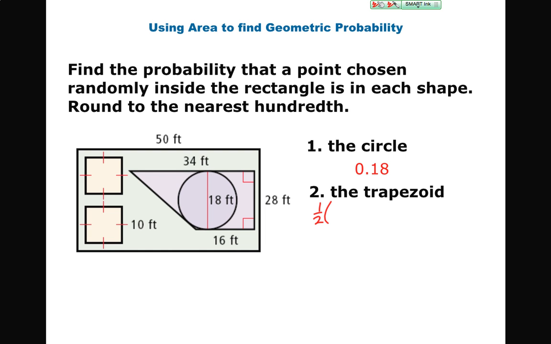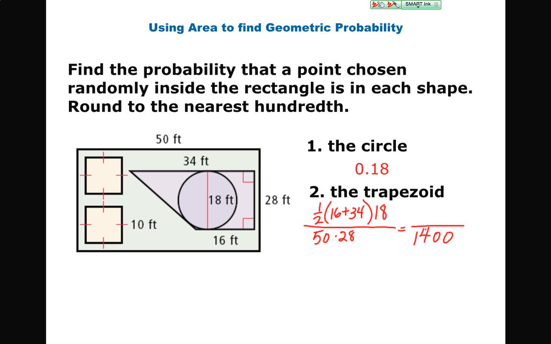The area of a trapezoid is 1/2 base 1 plus base 2 times the height. That's your numerator. Your denominator is still the whole rectangle. What's the numerator, the area of the trapezoid?